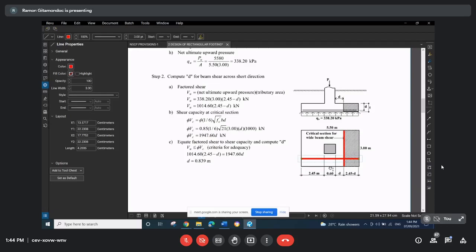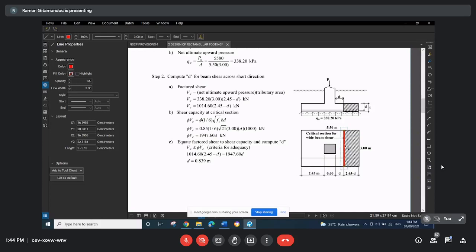Since we are already sure that the short side will govern, we don't have to check for wide beam shear across the long side. So we have only this one here.